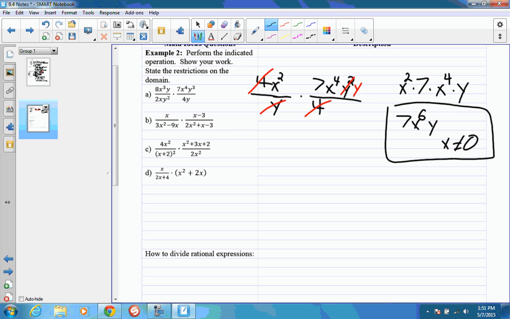But needing to show work, it's somewhere in between that, right? You don't need to show me literally every step. I want to see that you reduced 8 over 2. I like to write this and then this, right? And then maybe if you show me what you crossed out, you can go straight from here to here. Does that make sense?